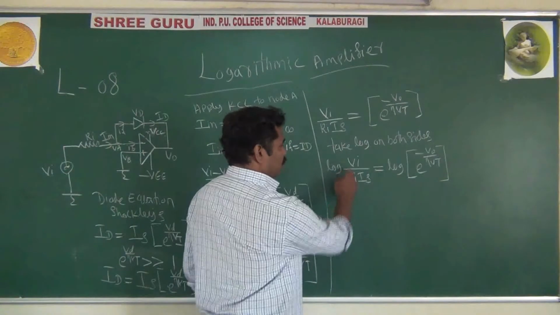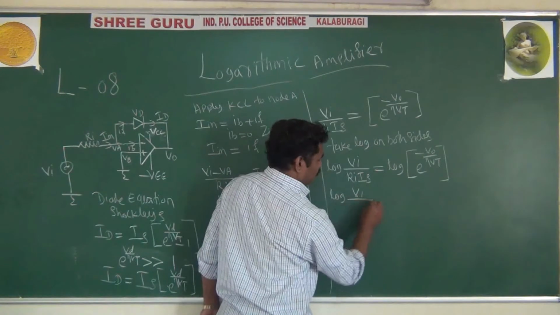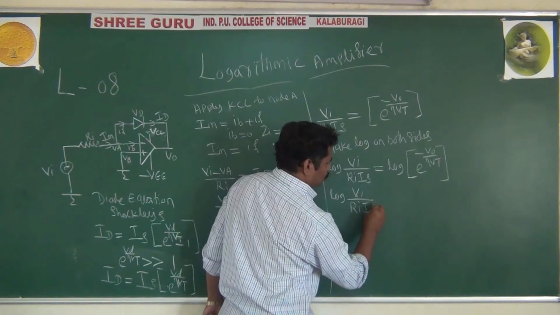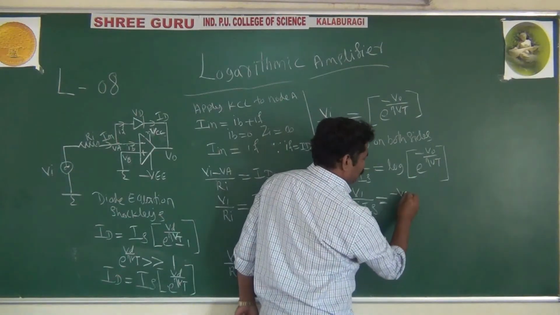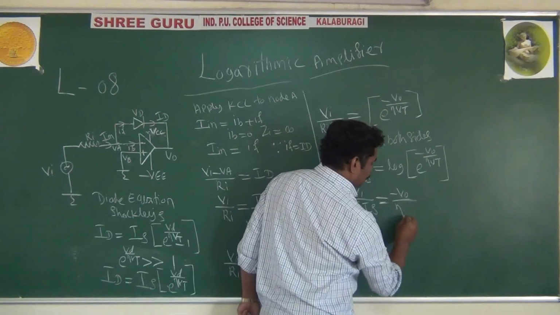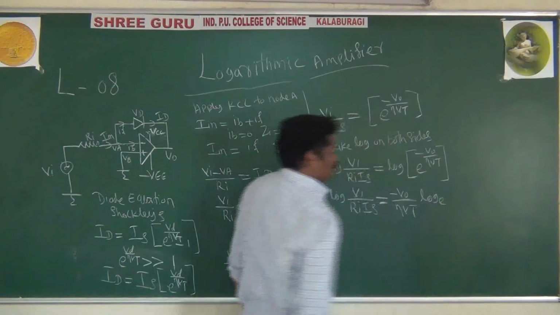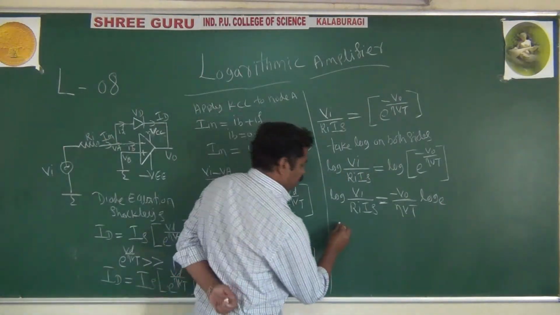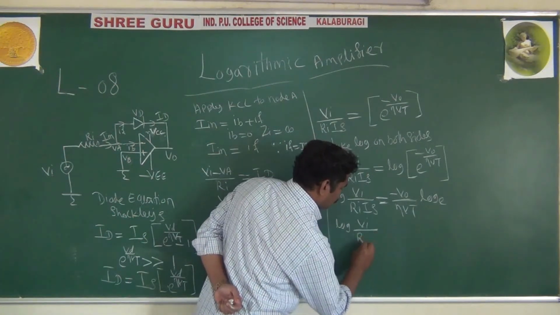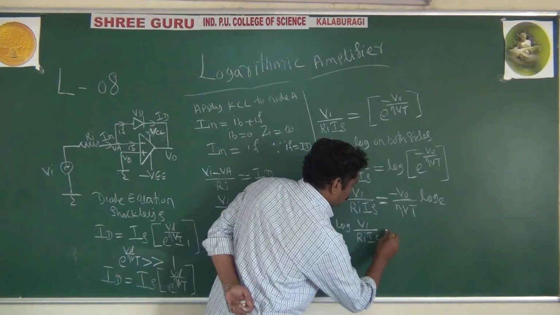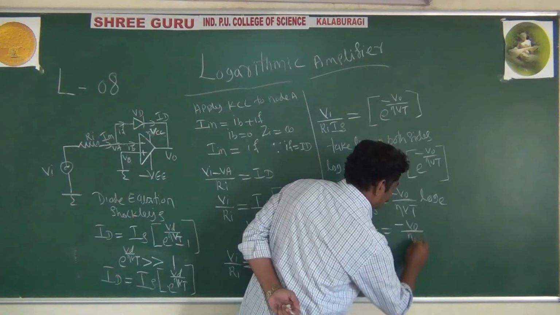Log of Vi by Ri Is as it is, and here this will multiply, that becomes minus V0 by eta into Vt, because log e to the base e is 1.